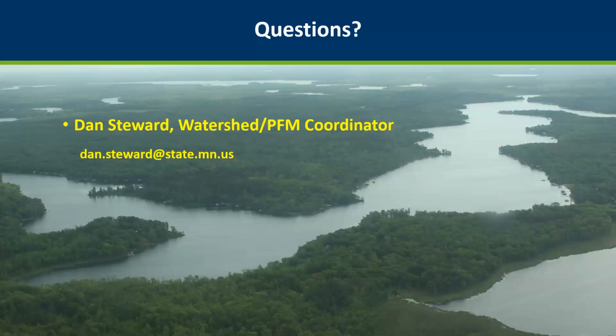Great question. What we found is we go all the way down to the HUC 14. Other parts of the state in their watershed planning that don't have as many lakes are going down to the HUC 12, which is a larger watershed. But when you've got a lot of lakes, we think it works better to go all the way down to 14.